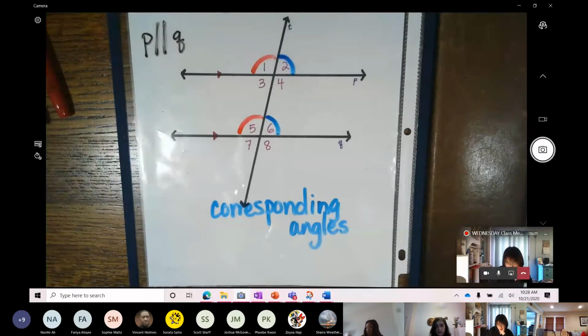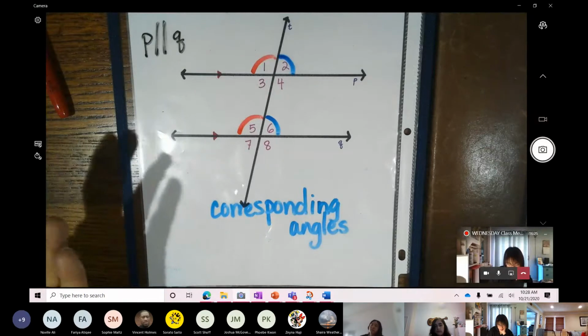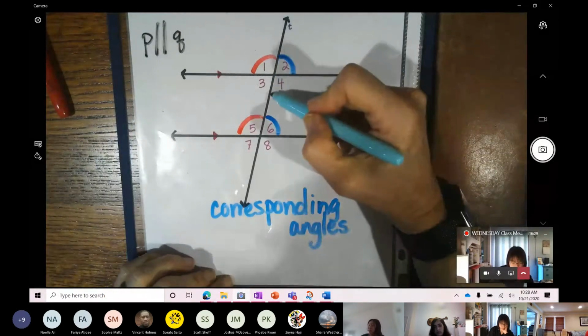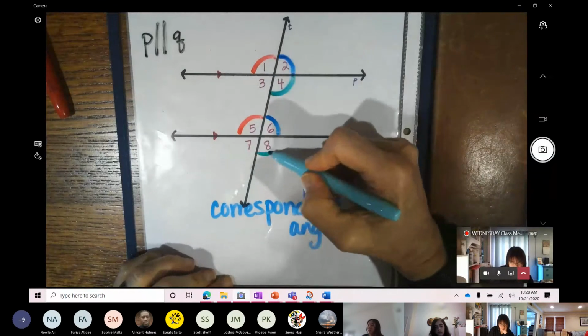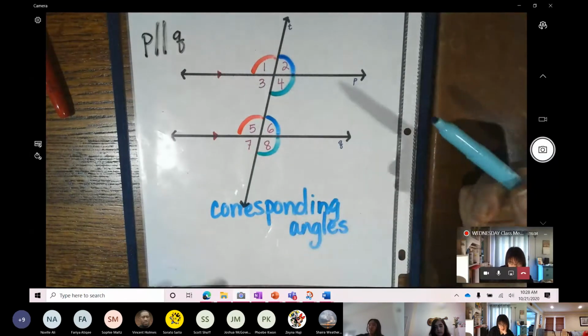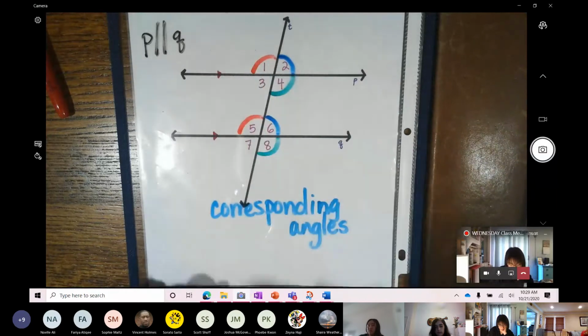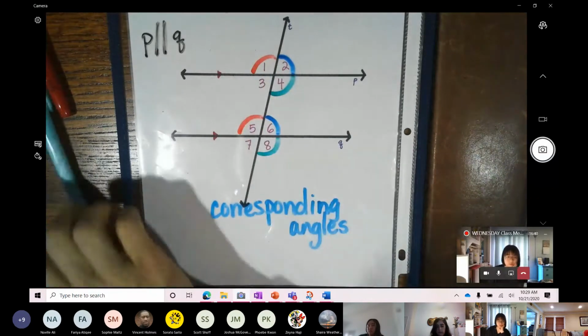So we can follow this logic and say that. This is where your colors are coming in, right? So if you could do these as best as possible. 4 and 8 correspond because they're both below the parallels, but on the left of the transversal.